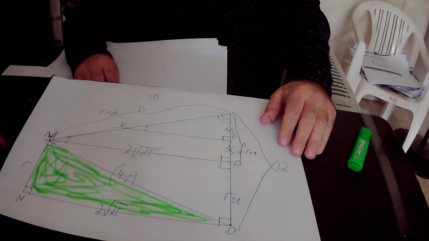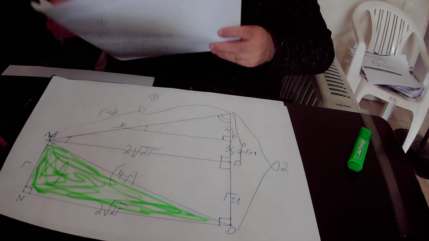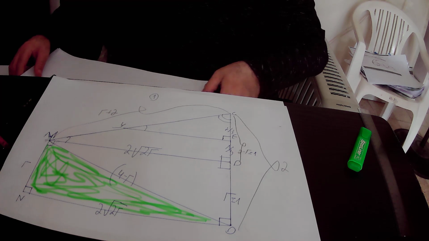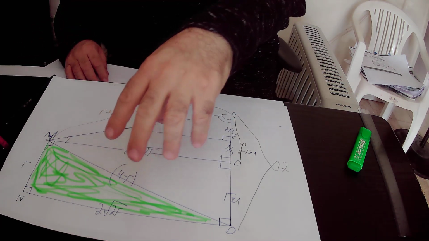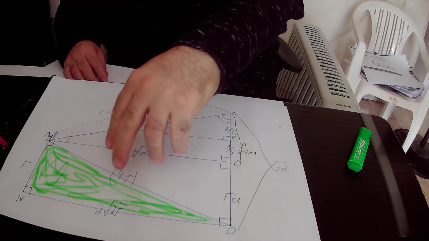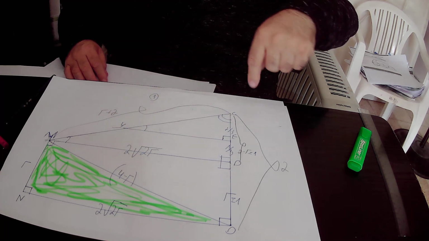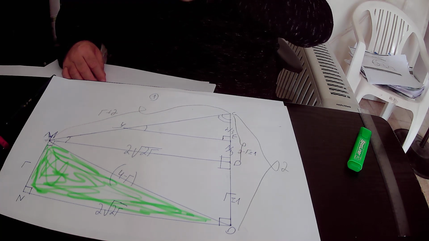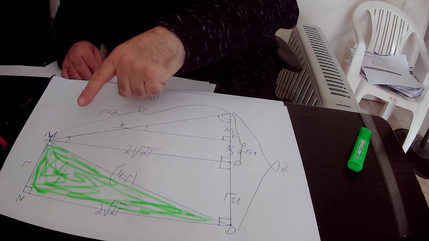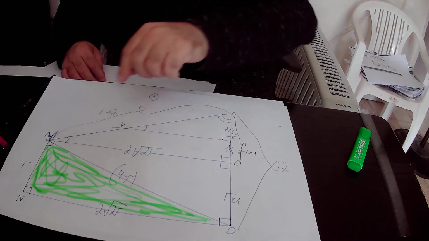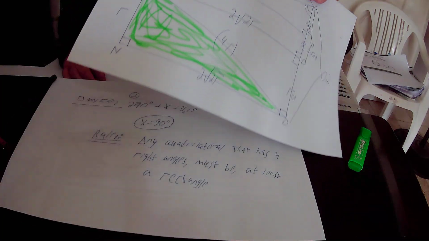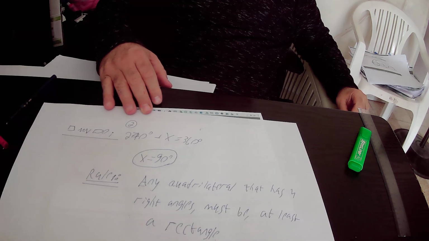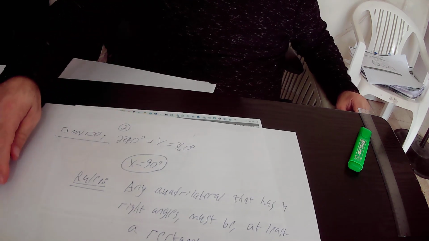Here we have, if we relate to the quadrilateral MNOD, it has 3 right angles. So the fourth angle x will be equal to... we know that the sum of the angles in any quadrilateral is equal to 360 degrees.